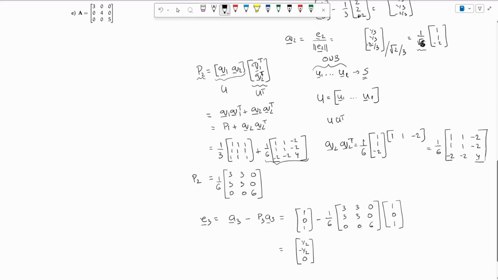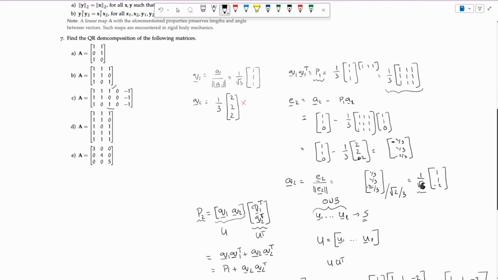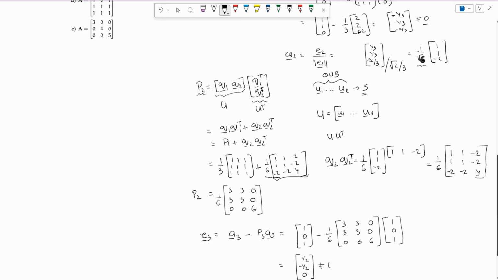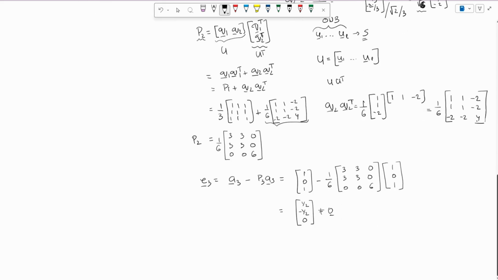Because the error did not come out to be 0, that means the set A1, A2 forms a linearly independent set. Now E3 has come out not equal to 0. What does it say about the set A1, A2, A3? The set A1, A2, A3 also forms a linearly independent set. Okay, that means we can find Q3.